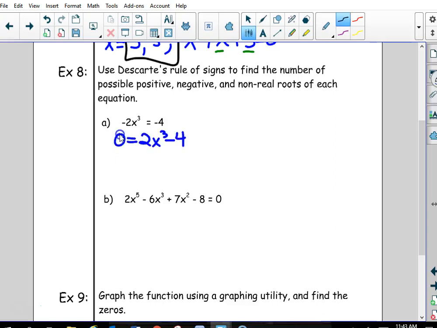Okay, so we look at the sign changes. So the first thing we need to be aware of is that for a third degree, I'm going to have 3 roots. Okay, some of them might be multiples, some of them might be not real, but this helps me figure out what kind of roots I have. So we look at the sign change with just plain x, and we have 1.